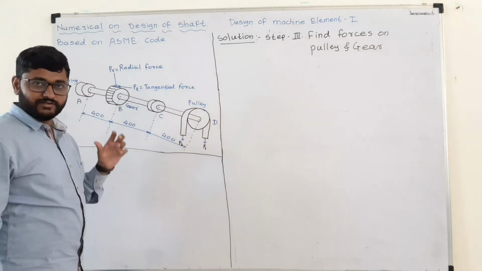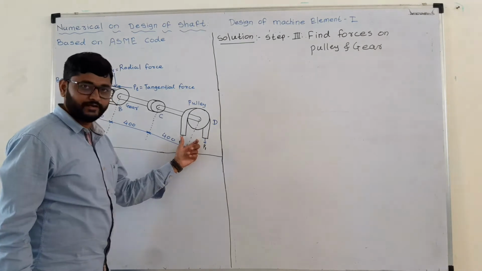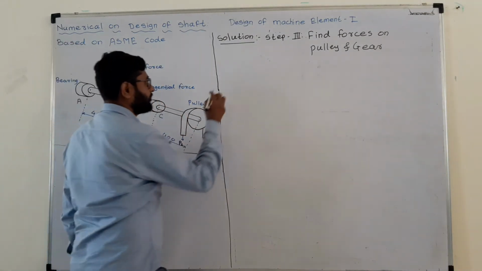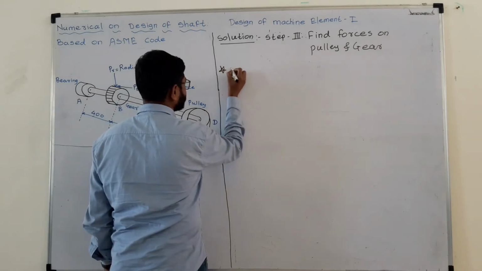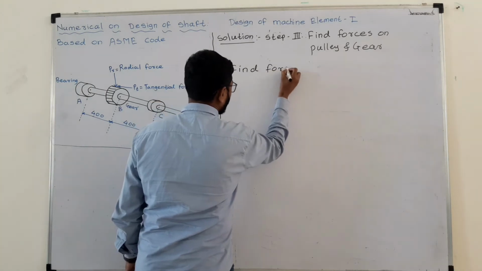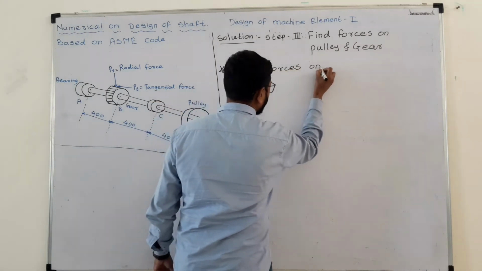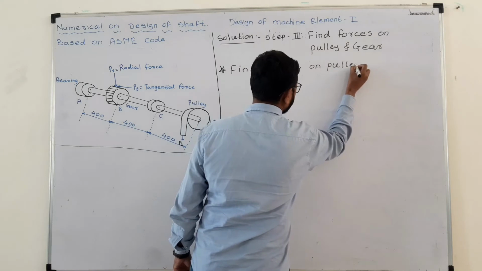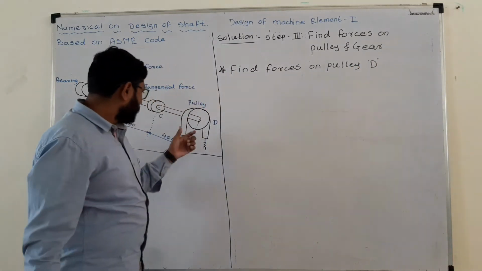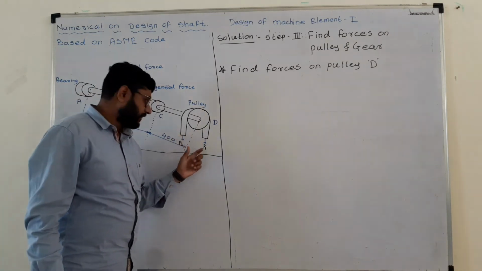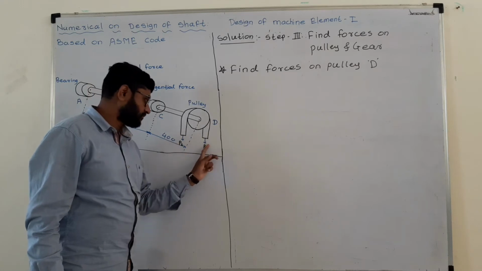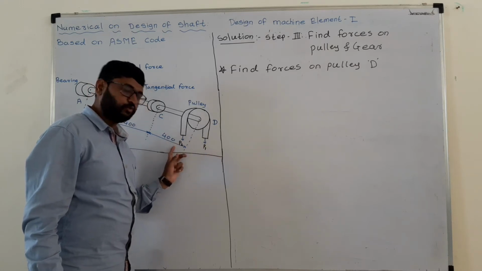So students, how to find forces on the gear and pulley? Let us consider first pulley D. So first find forces on pulley D. On pulley D there are two forces acting, that is force P1 and force P2.